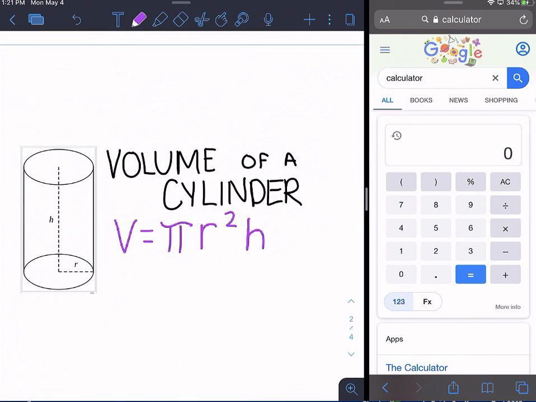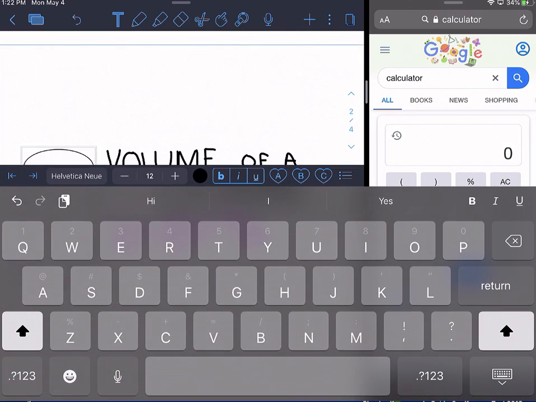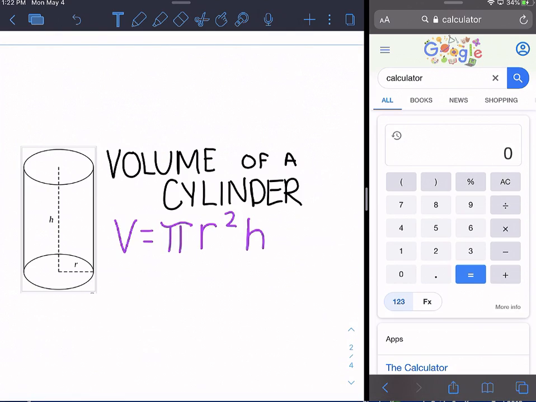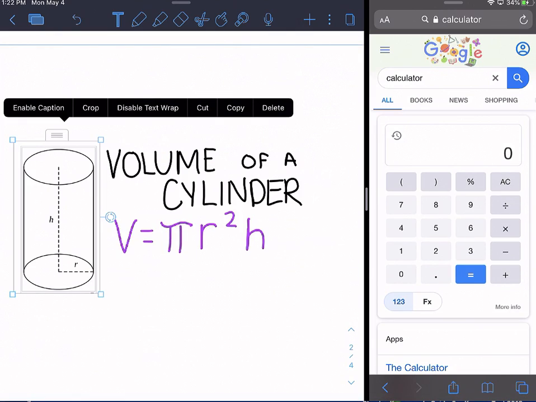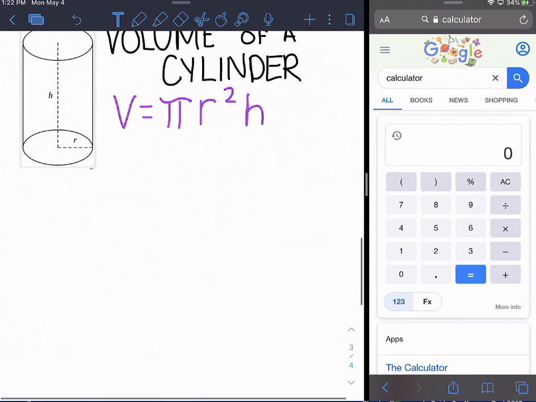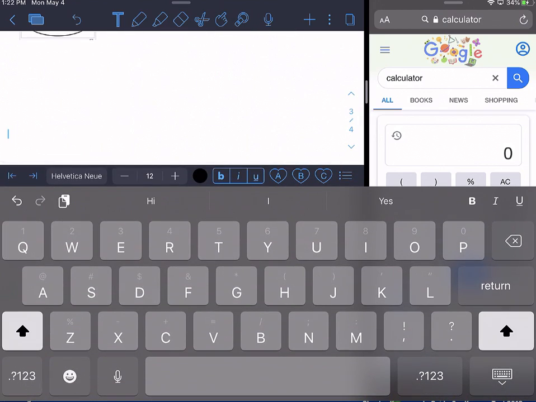I'm going to copy this down here so we can do an example together.